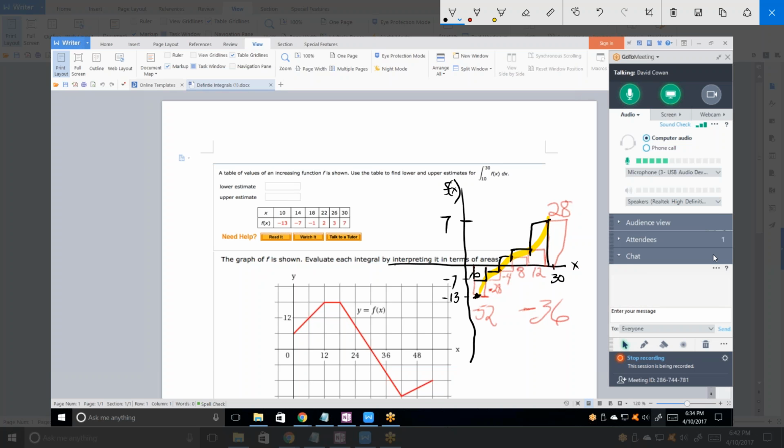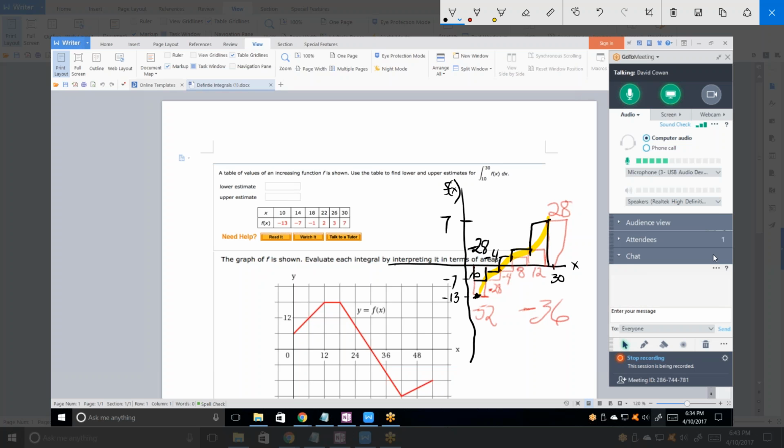All right, now let's figure out what our upper estimate is. It's the area of these rectangles. Well, that one's 7 times 4, but it's still in negative territory, so that's negative 28. This one is 1 times 4, so that's negative 4.